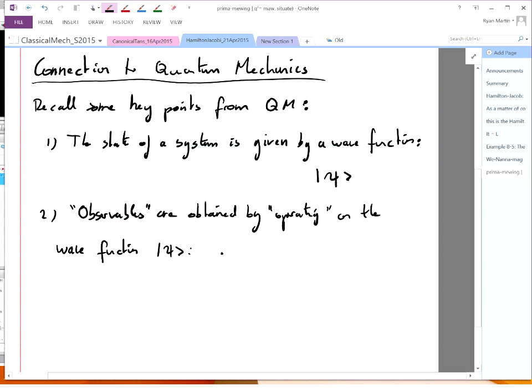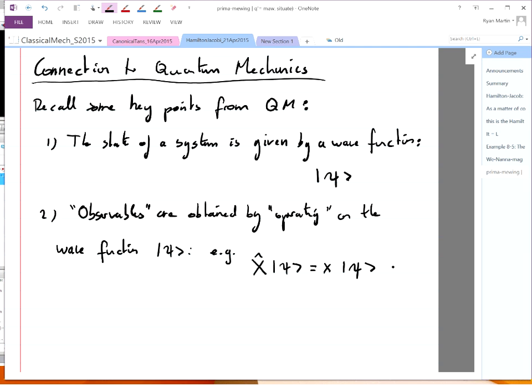The way you do that is you need an operator, which is a mathematical object. Let's say it's the operator that tells us the x position of the system. Well, you apply that operator to the state function, and what you get is like an eigenvalue equation: the thing that you're trying to measure, x, times the wave function.